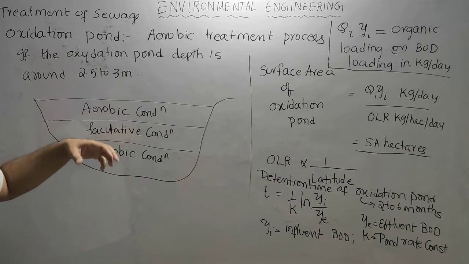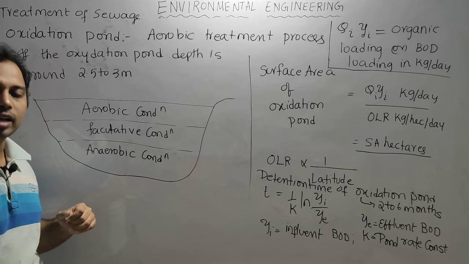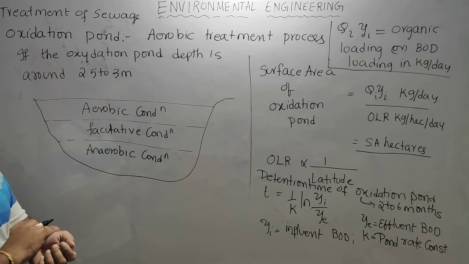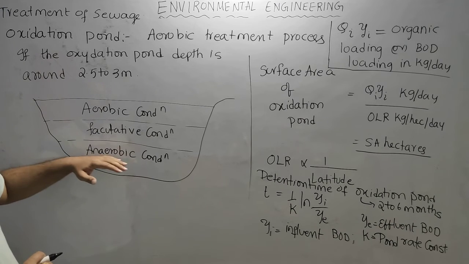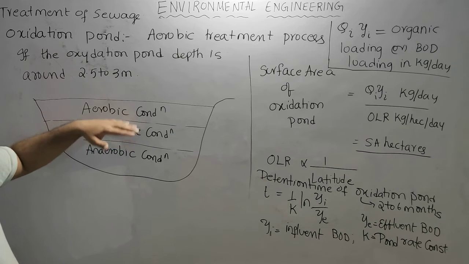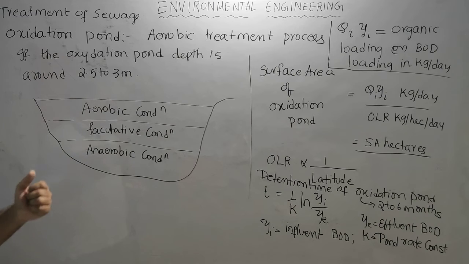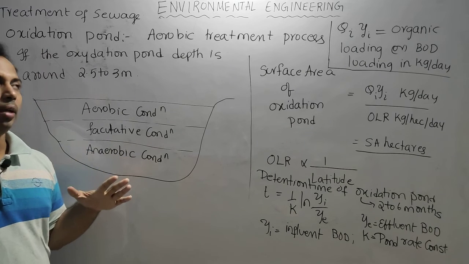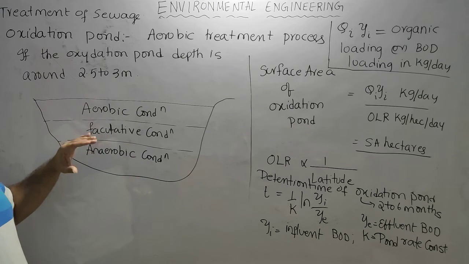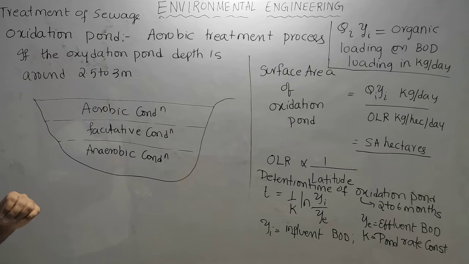They will be trapped inside and used by the aerobic bacteria as their energy source. So the methane, CH4, which is evolved in this layer will be utilized in the top two layers, so the degree of removal will be more, the effectiveness will be more, and the sludge being generated will be less. So anaerobic treatment in the oxidation pond is also possible.